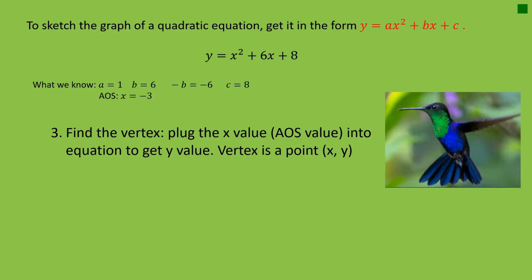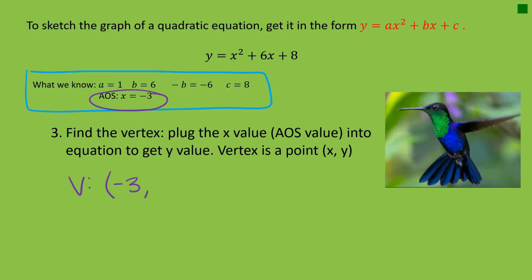so we're still doing the same thing. This is what we know. We found A, B, and C. We found the axis of symmetry. We got to find the vertex. So to find the vertex, it says plug the axis of symmetry value into the equation to get the y value. So the vertex, you know x. Look at right here. It says x is -3. To find y, it tells you what to do up here.